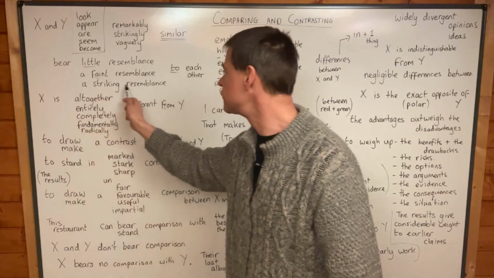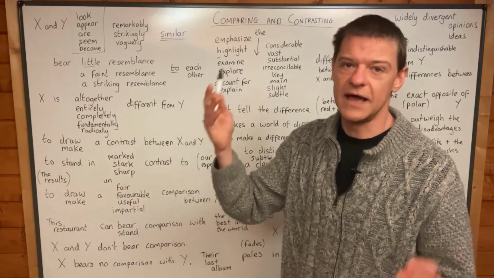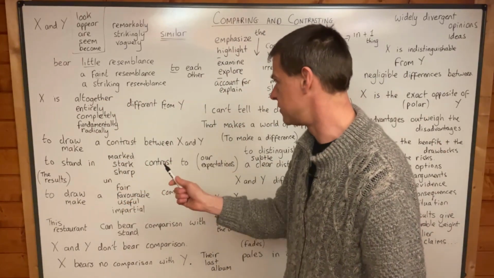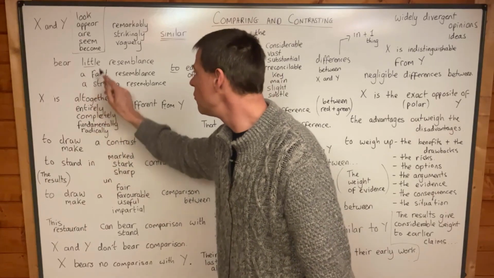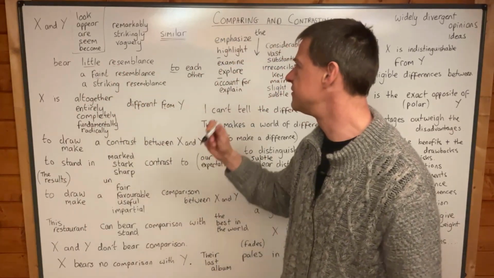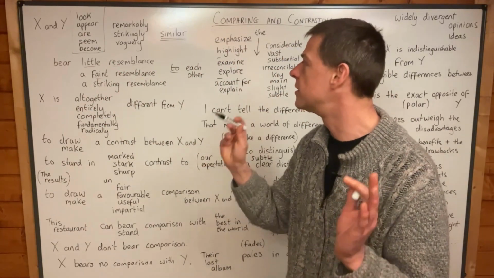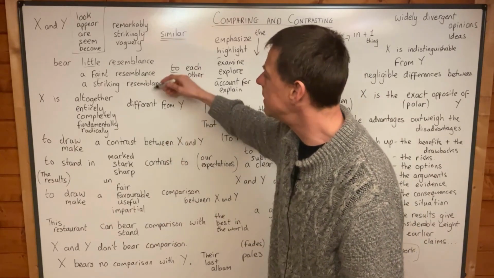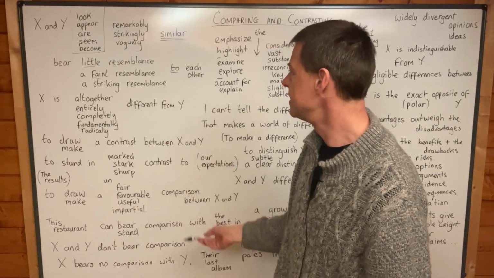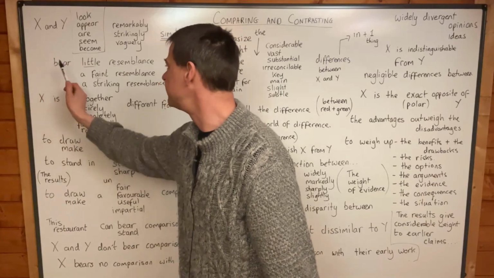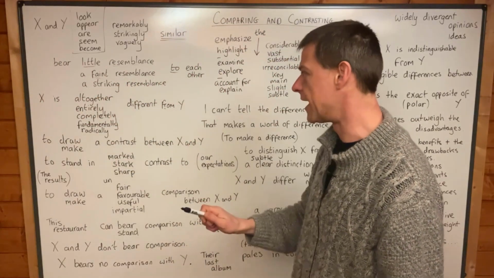If he bears a striking resemblance to you, that means he looks exactly like you. So all of those are good, and we use this word resemblance when two things look the same. So that is particularly about appearance. And we would use it as X bears little resemblance to Y.